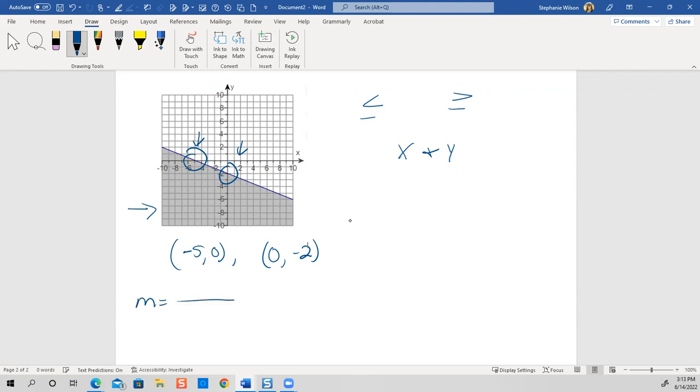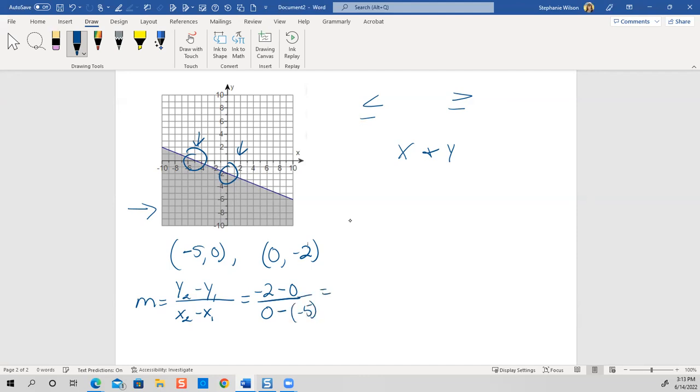Our slope here is going to be the change in y values divided by the change in x values. So my y value from the second ordered pair is -2, and my y value from the first ordered pair is 0. My x value from ordered pair 2 is 0 minus my x value from ordered pair 1.